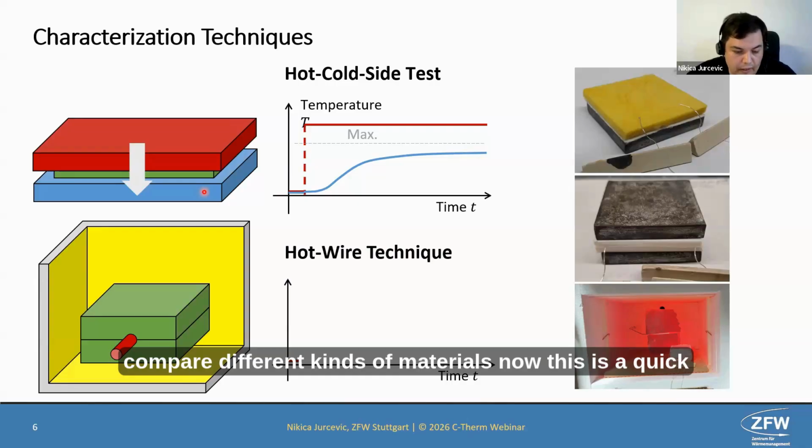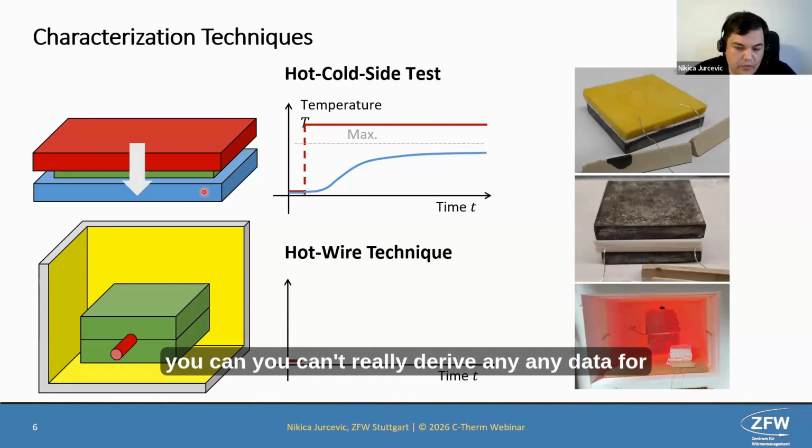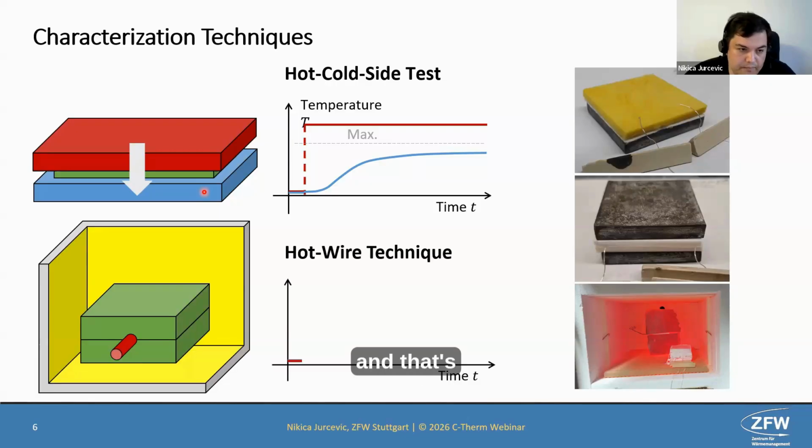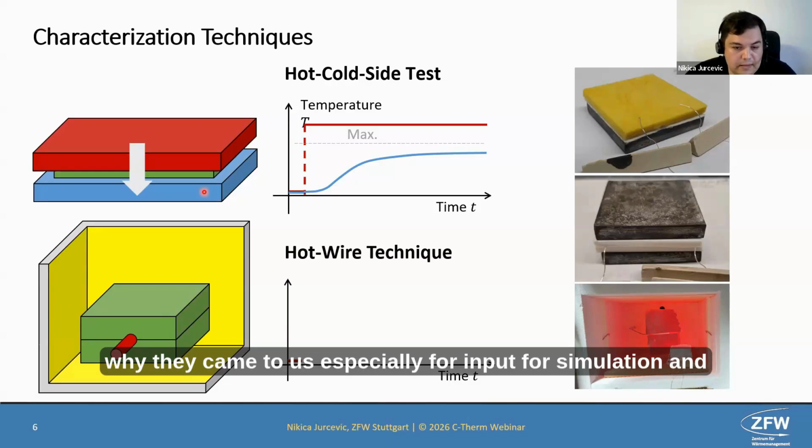Now, this is a quick, easy and good way to compare materials, but you can't really derive any data for, let's say, simulation or for prediction or for data sheets, and that's why they came to us, especially for input for simulation.